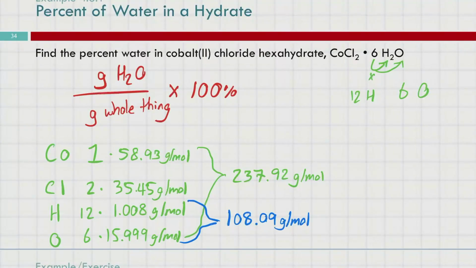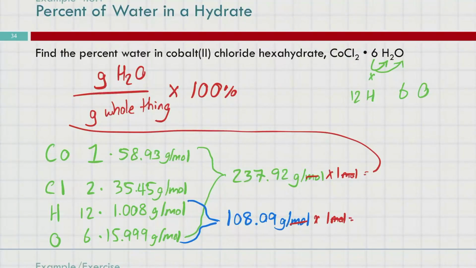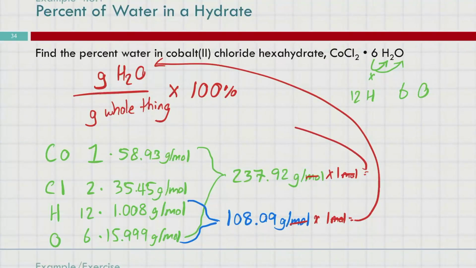Multiply by 1 mole. Pretend like we've got 1 mole to make our lives easy. So times 1 mole, so the moles cancel. Right, and I drew those arrows to the wrong spot. These are the amounts that we put into our percentage.